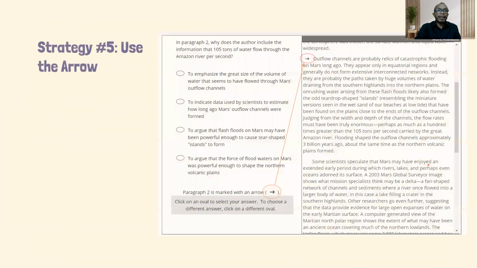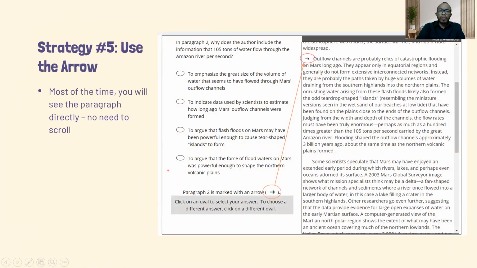All right. Strategy number 5, use the arrow. So most of the time, especially for the factual information question, it will already help you by providing you with the arrow to quickly identify the paragraph.